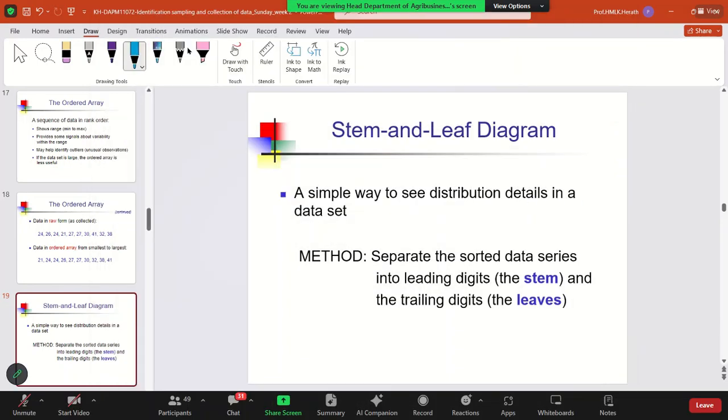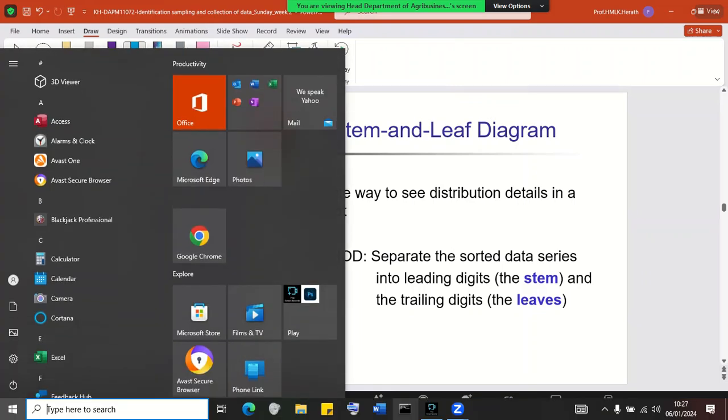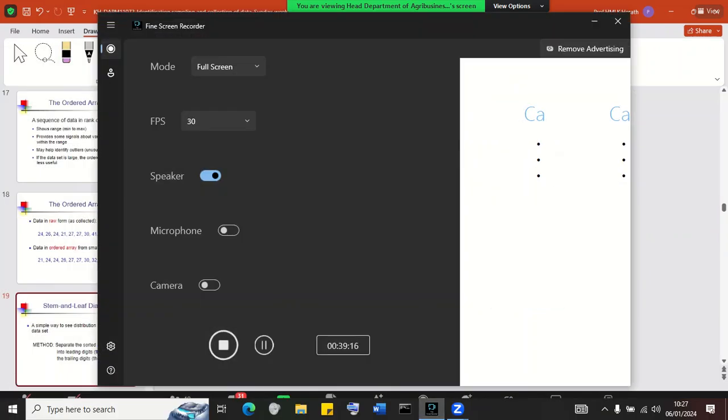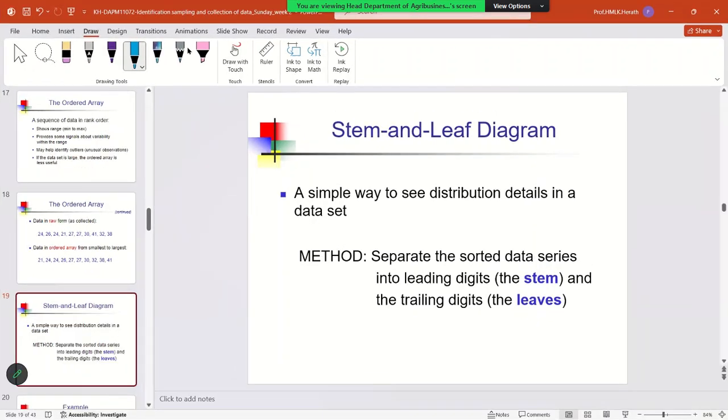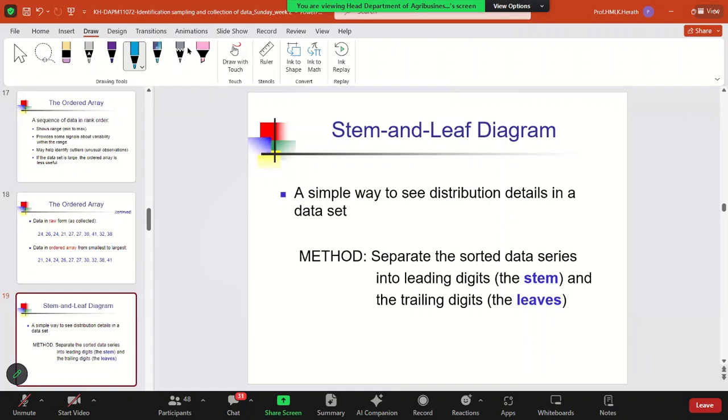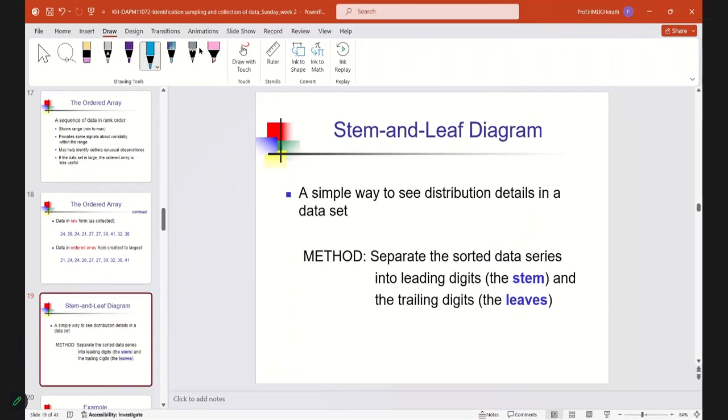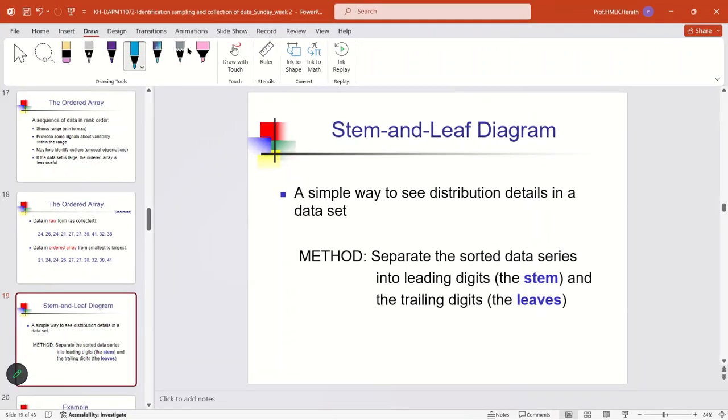So this is a simple way of seeing the distribution details of a given set of data. The method that we use here is we separate the sorted data series into leading digits, which are taken as the stem, and the trailing digit, which is taken as the leaf.